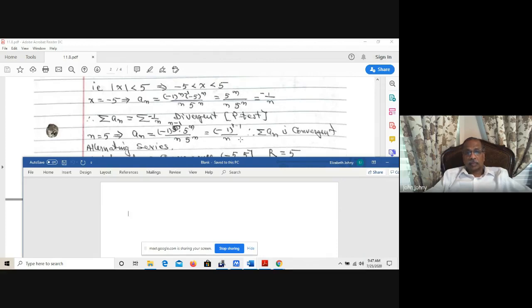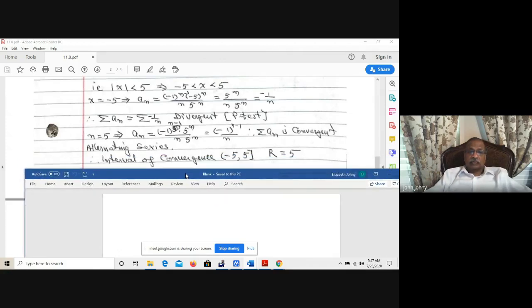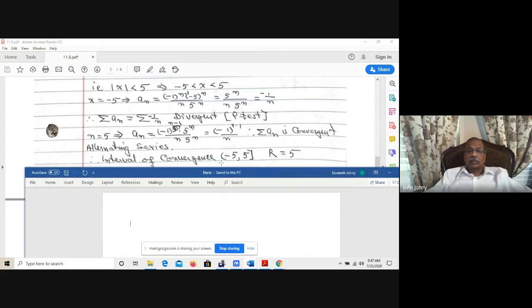So it is 1 minus 1 half plus 1/3 minus etc. That series is convergent. The interval of convergence is the left open interval negative 5 to 5, including 5. The radius of convergence is 1/2 of that interval, which is 5.